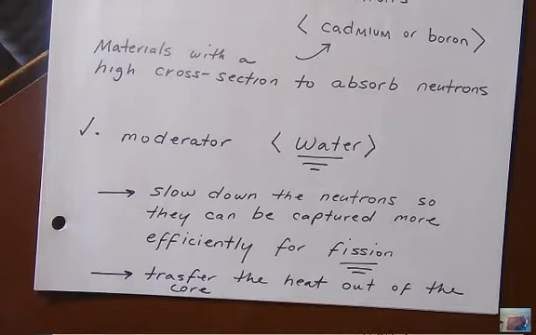The second thing that they do, and the reason why we want them to be a fluid, which water is, that we can pump around in a circle, is they capture the excess heat and transfer it out of the core. Okay, so all those neutrons smashing into the water molecules doesn't cause a nuclear reaction with the water molecules, but causes the water molecules to heat up.